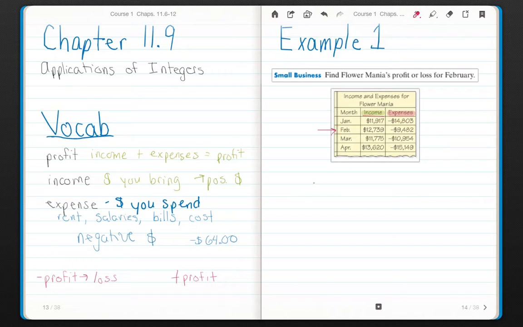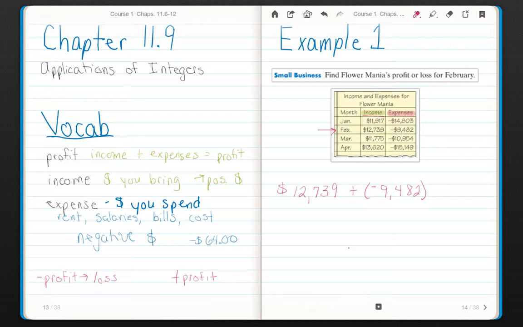So my income for February was $12,739. I'm going to add my expenses, which was negative $9,482.